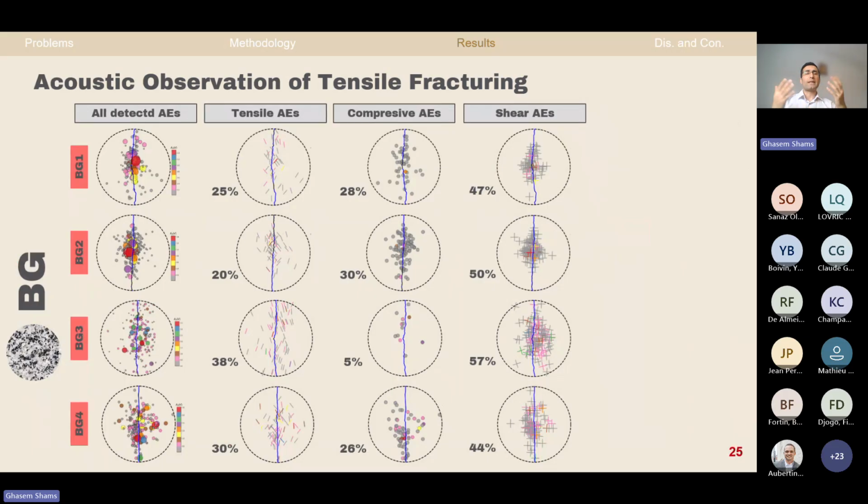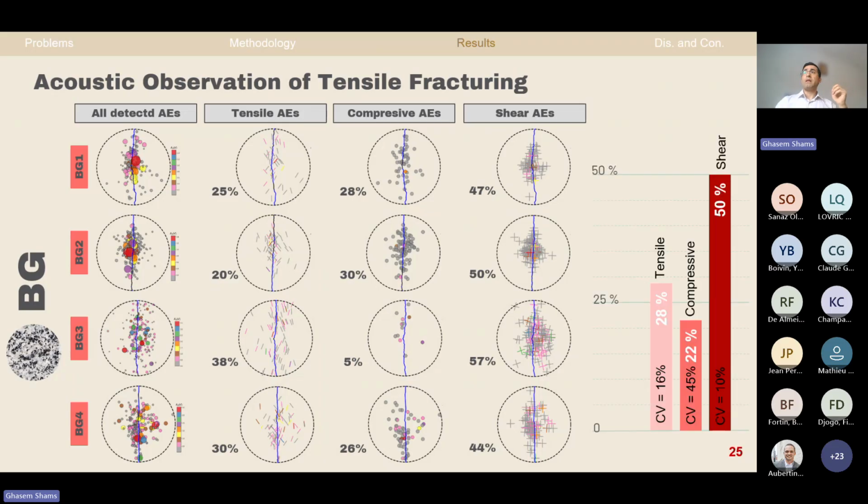We had a lot of specimens, but this is only the results for the Brazilian disc specimens. As you can see, in all of the cases, we have the majority of microcracks as shear microcracks. Therefore, we can say that the Brazilian tests are shear microcrack dominated. On average, we have 50% shear and only 28% tensile microcracks.